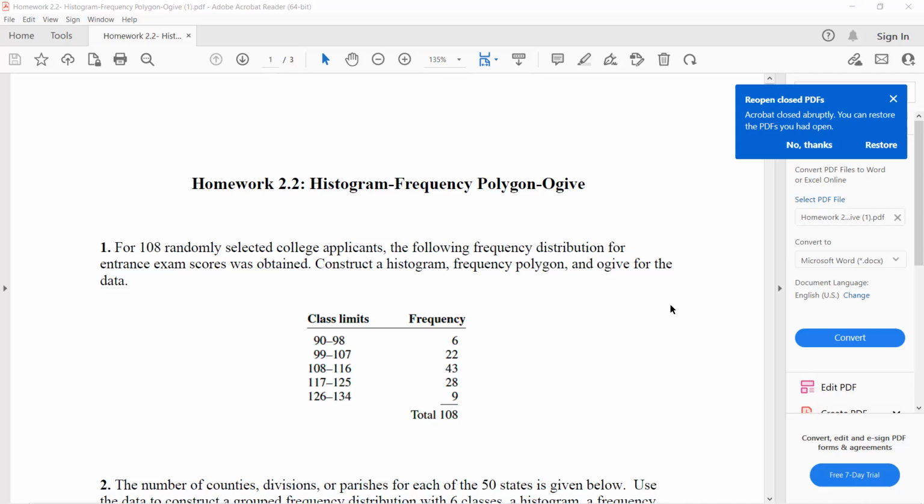Now, before we do our ogive, let me give you a little reminder. In this particular section, we're practicing three different kinds of graphs: the histogram, the frequency polygon, and the ogive.